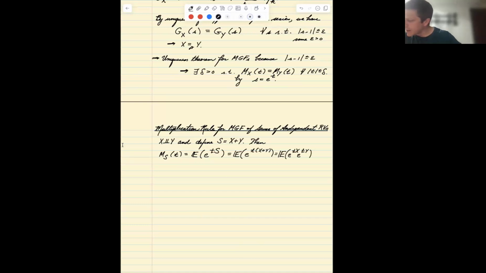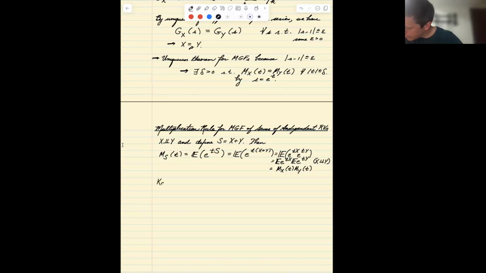But now X and Y are independent, so we can write the expectation of e to the tX times the expectation of e to the tY. So it's the product because X and Y are independent, right? And now this is the moment generating function of X times the moment generating function of Y.